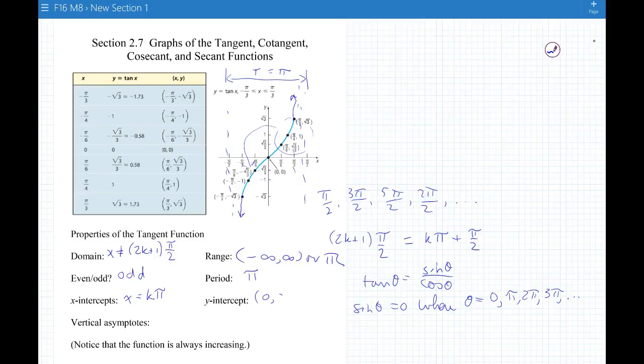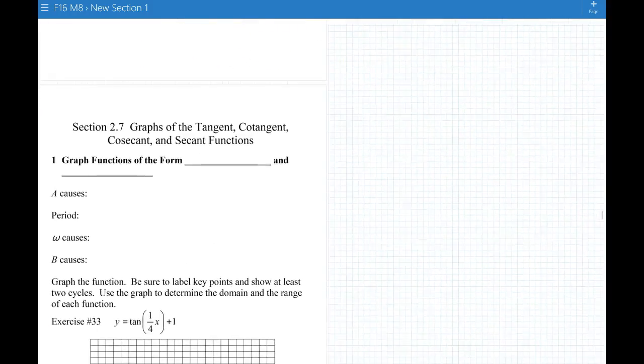The only y-intercept is (0, 0), which we can see on the graph. And the vertical asymptotes will happen at these odd multiples of pi over 2. So the things that aren't allowed in the domain are the same things that make vertical asymptotes. So those are vertical lines. And do notice that this function is always increasing as you read from left to right. So the graph is always getting larger and larger y values as you read from left to right.